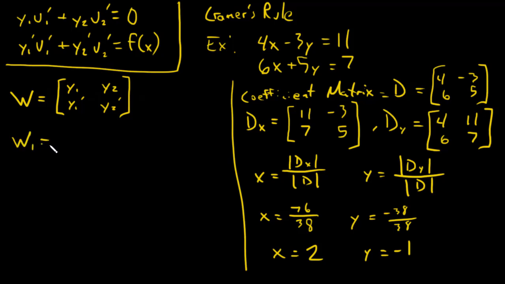Then we're going to say W sub 1, since we're not dealing with the x's here. W sub 1 is going to be, if I take this column out and put the third column in first, I'm going to wind up with 0, f of x, and then this column y2, y2 prime.